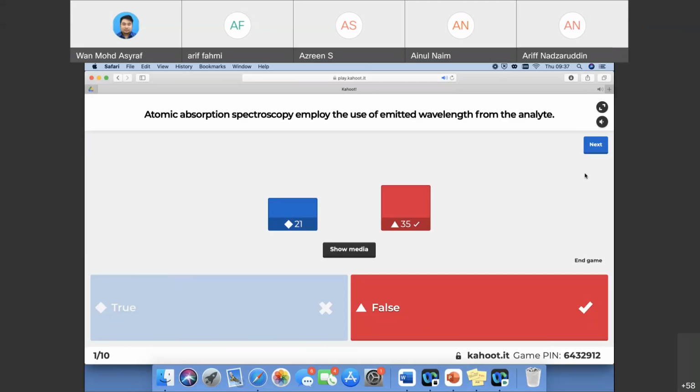Atomic absorption spectroscopy should not use emitted wavelength. Atomic emission spectroscopy uses emitted wavelength from the analyte. So 35 people answered correctly. So this 21 ni macam mana? Alright, so faham ya for that one. So I go to the next question.